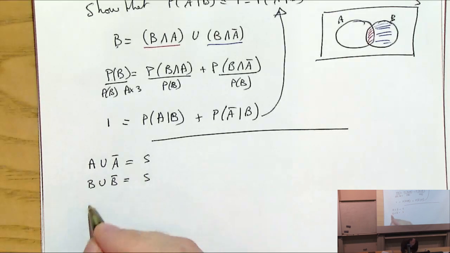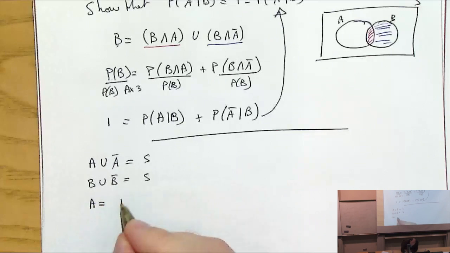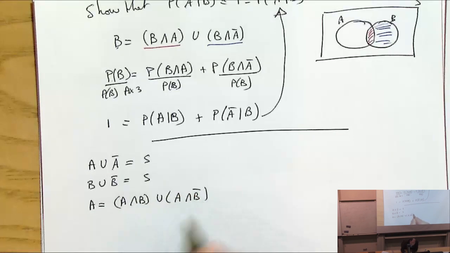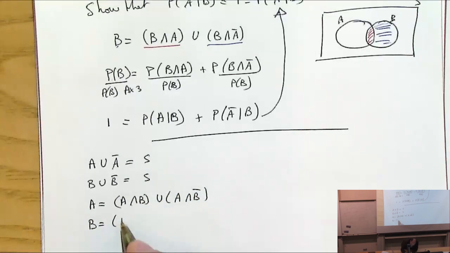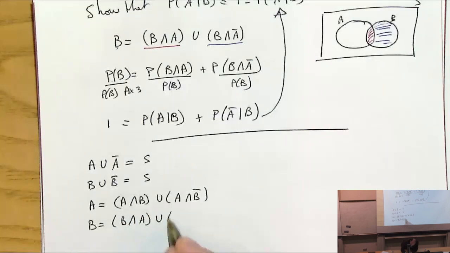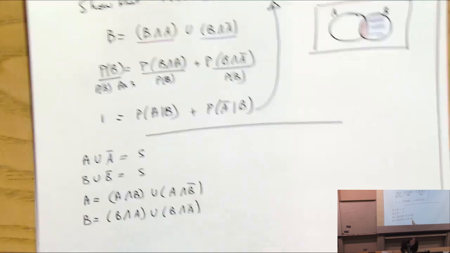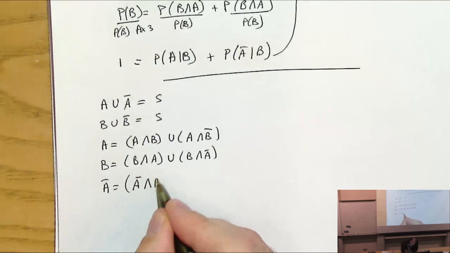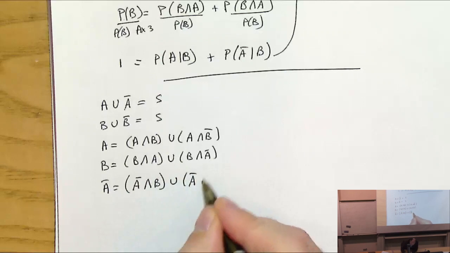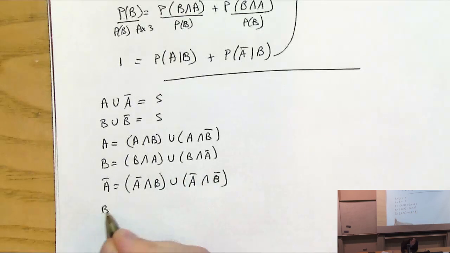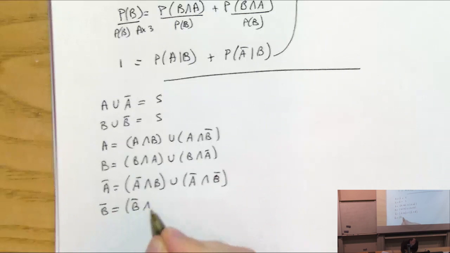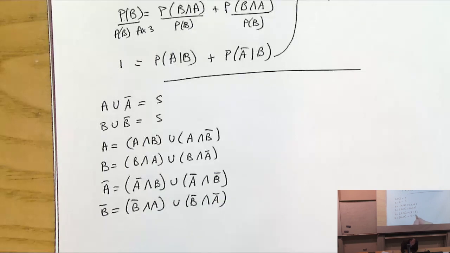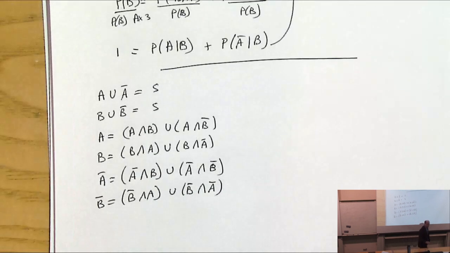A is A intersection B, union A intersection not B. B is B intersection A, union B intersection not A. Not A is not A intersection B, union not A intersection not B. And not B is not B intersection A, union not B intersection not A. Are we clear with this?